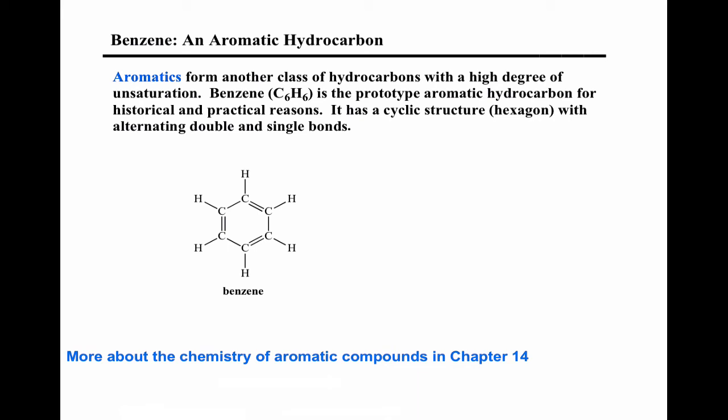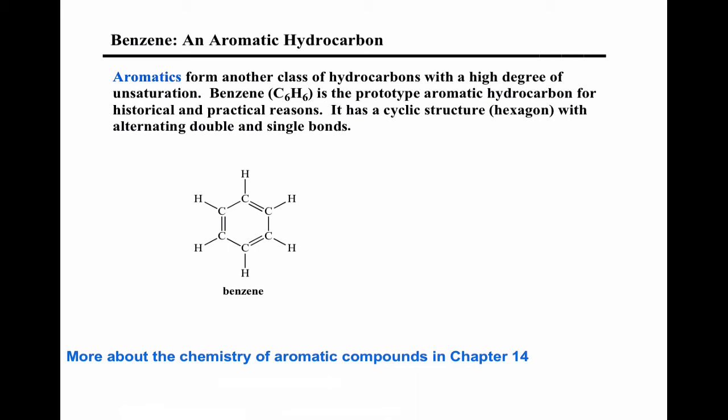Just out of curiosity, how many units of unsaturation do you see there? What is a unit of unsaturation again? A deficiency of 2 hydrogens. Absolutely correct. So how many units of unsaturation do you see there for 6 carbons? It actually has 4 units of unsaturation. 3 are very obvious.